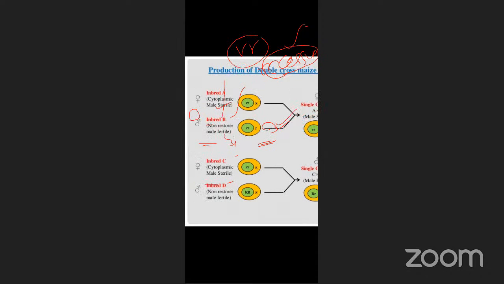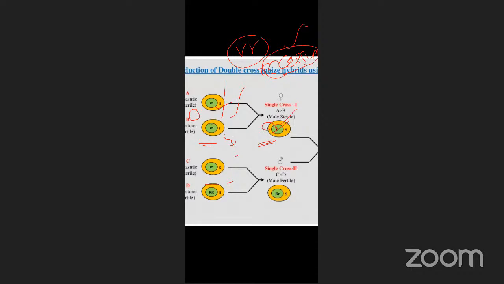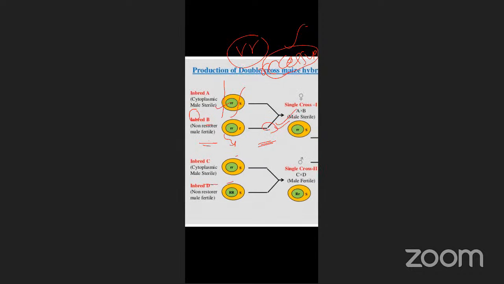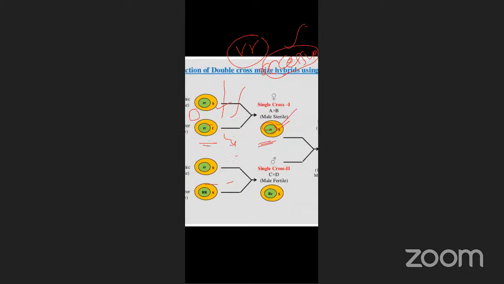Now cross fertile with sterile, what would the offspring be? Fertile, because it is already the dominant character. That's why the dominant character is inherited and male fertile is obtained.